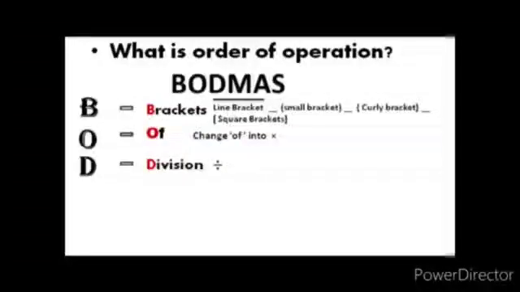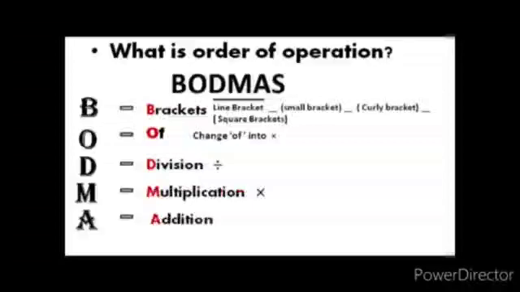We have to solve brackets first, change of into multiply, and the third step is division. We have to perform division. After that, we perform M, that is multiplication, and next we perform A, that is addition. At last, we perform S, that is subtraction.